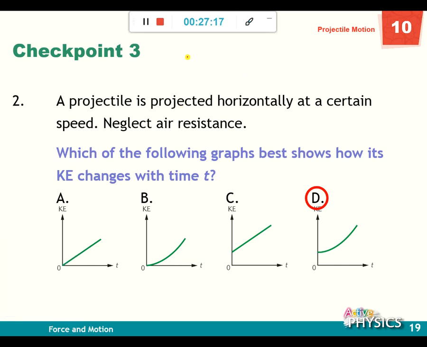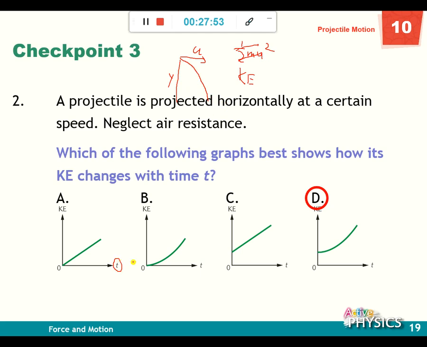Look at this. We project it horizontally from a certain height y, with initial speed u. The initial kinetic energy will be half mu square. When this one drops down, we will have a change in GPE, so KE should increase.